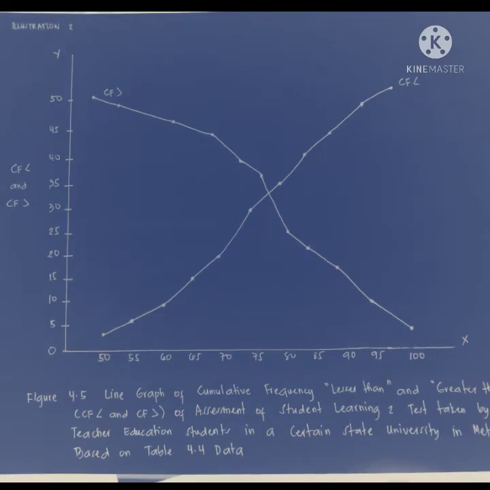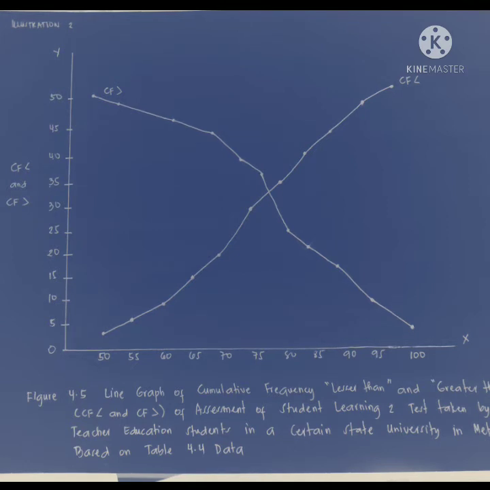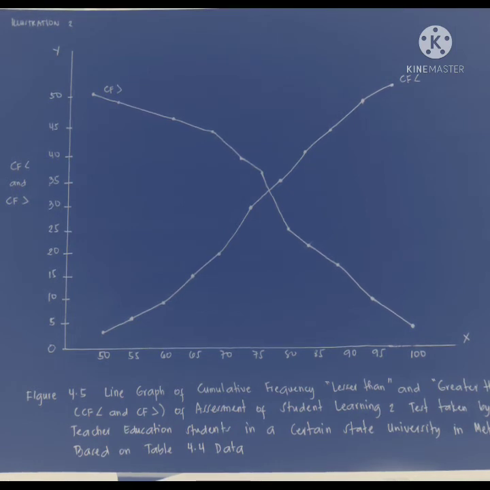As you can see in illustration 2, figure 4.5 is a line graph of cumulative frequency lesser than and greater than of the same test taken by 50 teacher education students in a certain state university in Metro Manila, based on table 4.4 data.